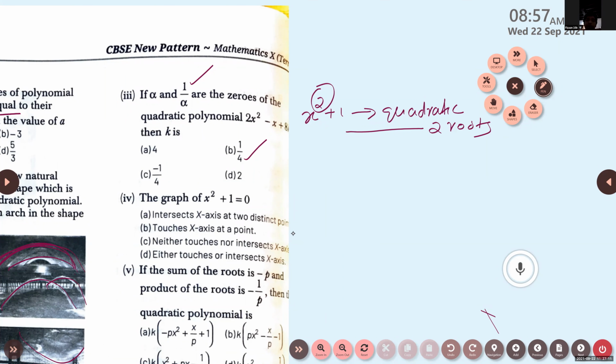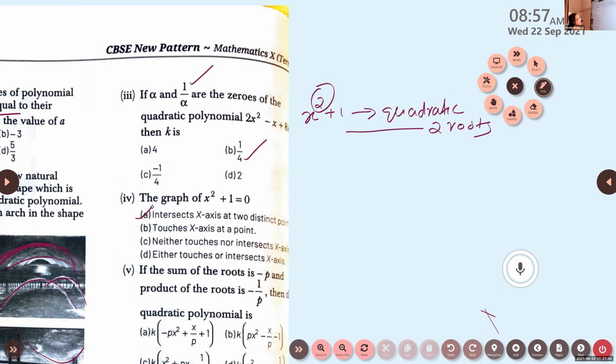Ma'am, A. Intersects x-axis. Srihari said the answer is that it intersects the x-axis at 2 distinct points, because for all quadratic equations we have 2 zeros.